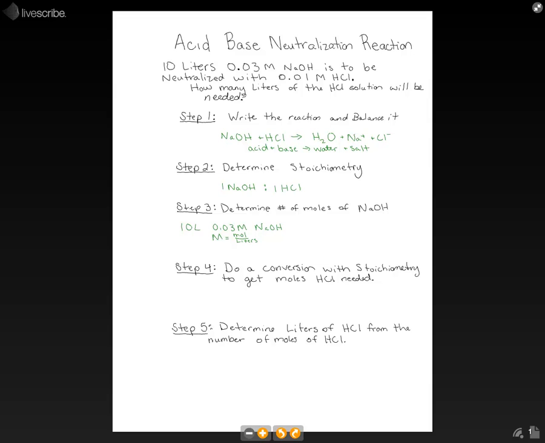To rearrange this to get moles, moles equals the molarity times the number of liters. So in our situation, the moles is equal to 0.03 times 10, which gives us 0.3 moles NaOH.